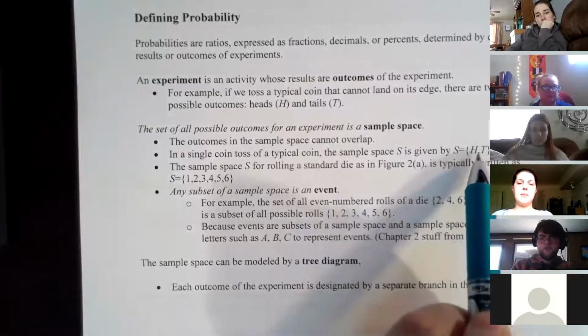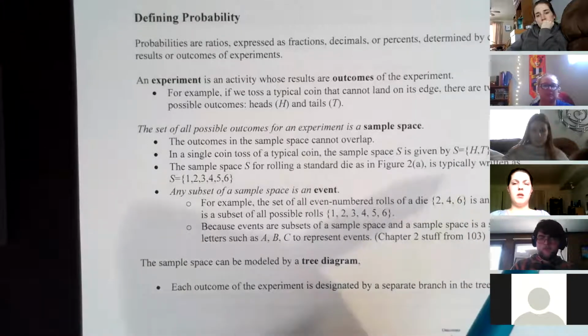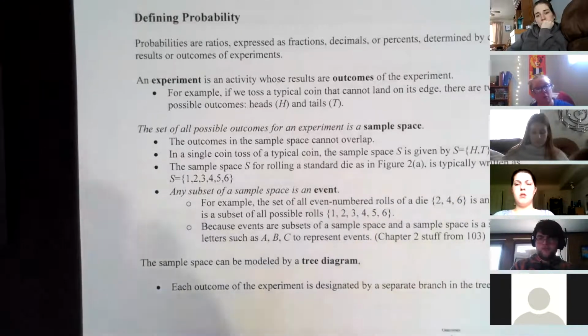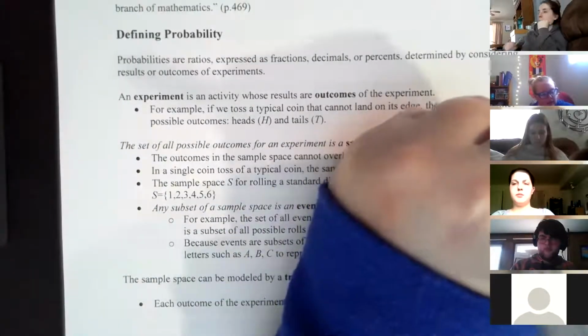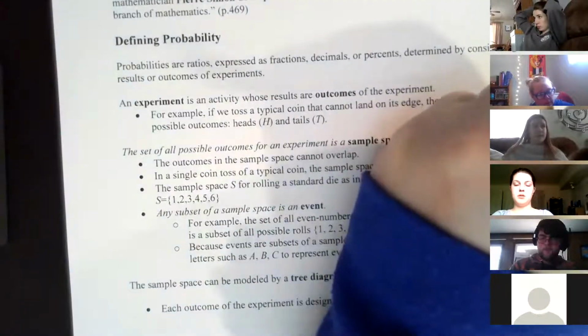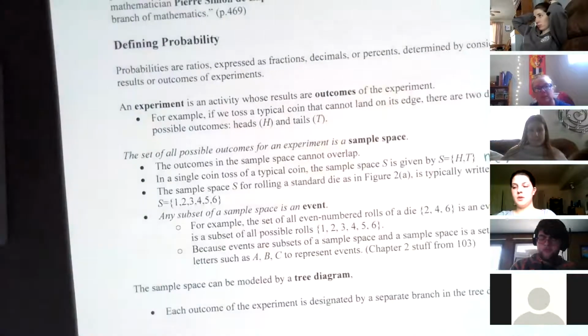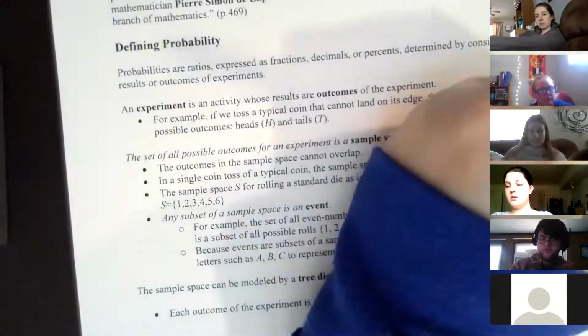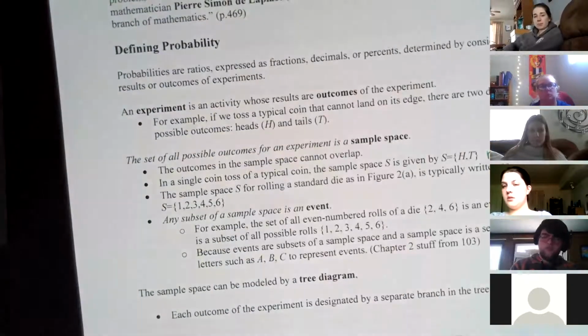Are you still talking about the coin? Yeah, the coin. There's 2. Two. So we could say that the size of S, or you could use this notation, the cardinality of S, would be 2.